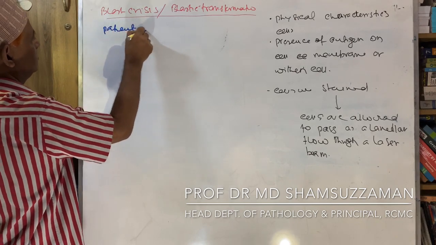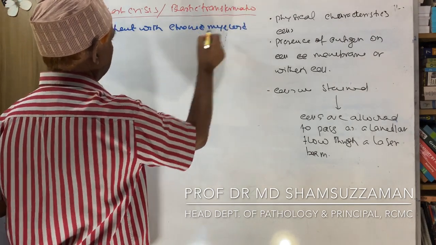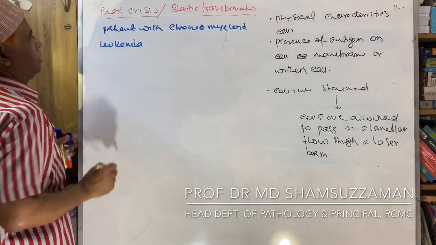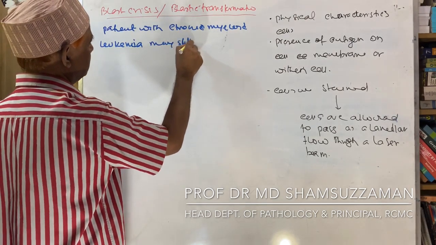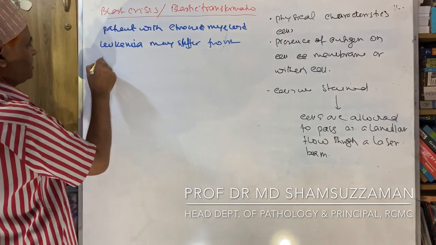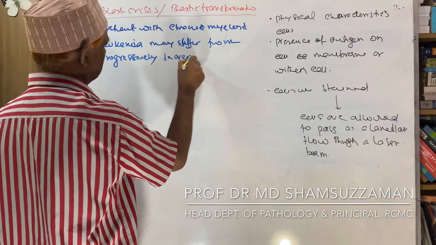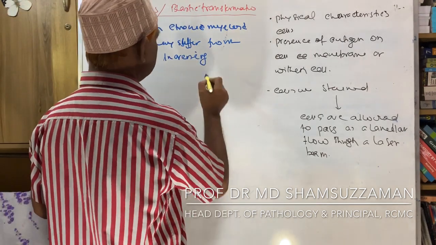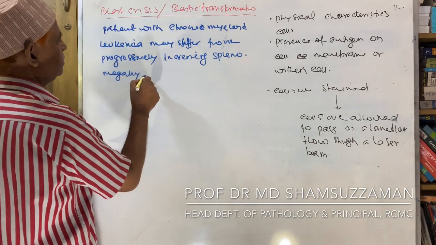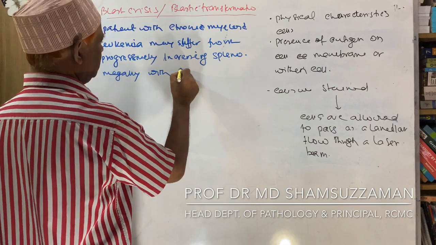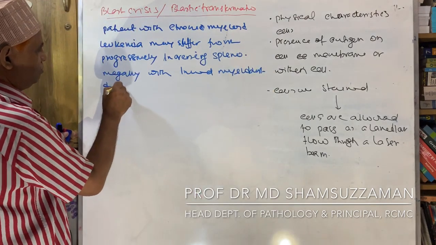A patient with chronic myeloid leukemia may suffer from progressively increasing splenomegaly with increased myeloblast and thrombocytopenia.